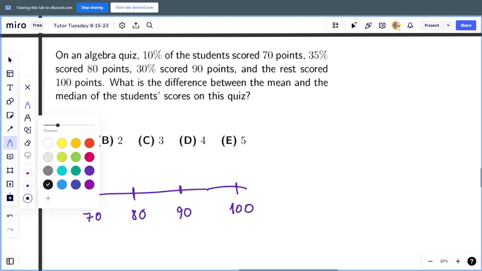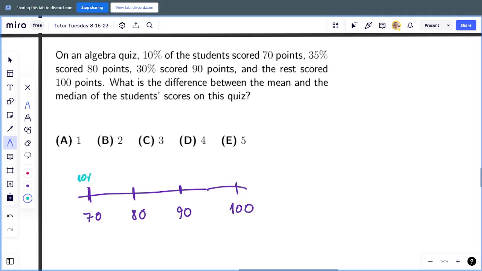So percentage-wise, let me put it this way. 10% of students scored a 70, 35% scored 80, 30% scored 90, and the rest scored 100. So that would be 100% minus 10 minus 30. That would give us 60, minus 35 would bring us to 25%.